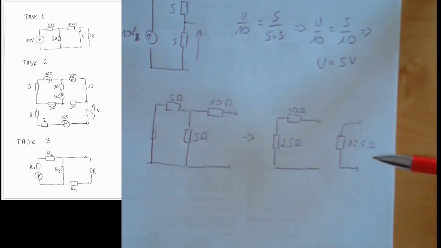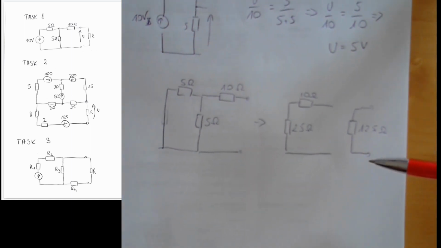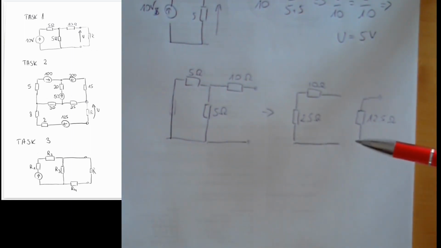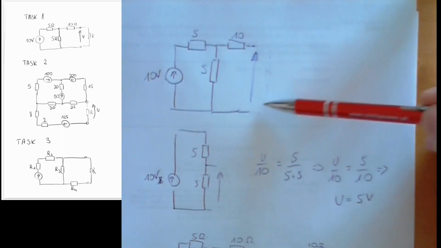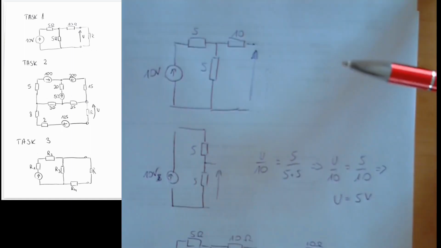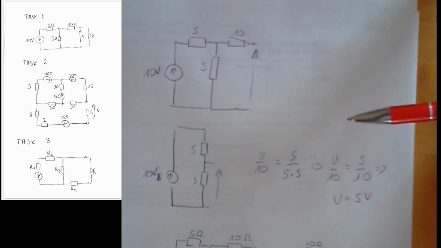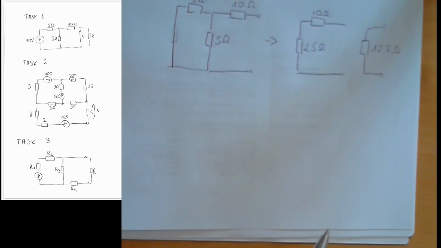Okay, so now we have calculated voltage and the resistance, and then we can create a replacement circuit for the first one that we had. We can replace this one with the Thevenin circuit. So this circuit looks simply like this.